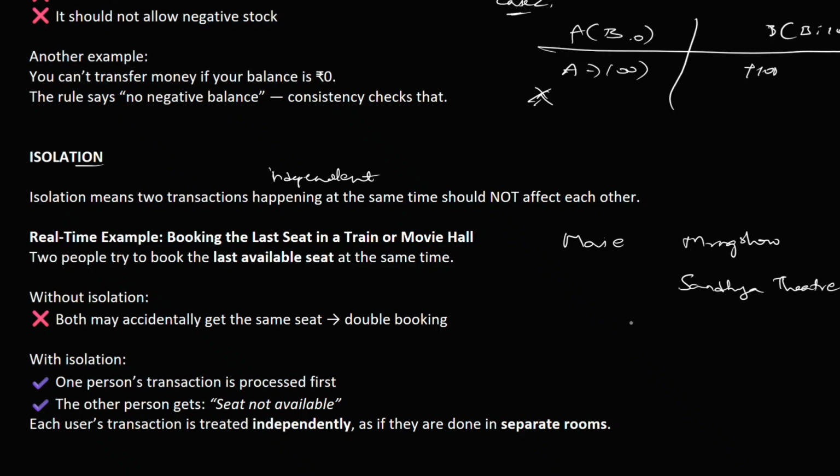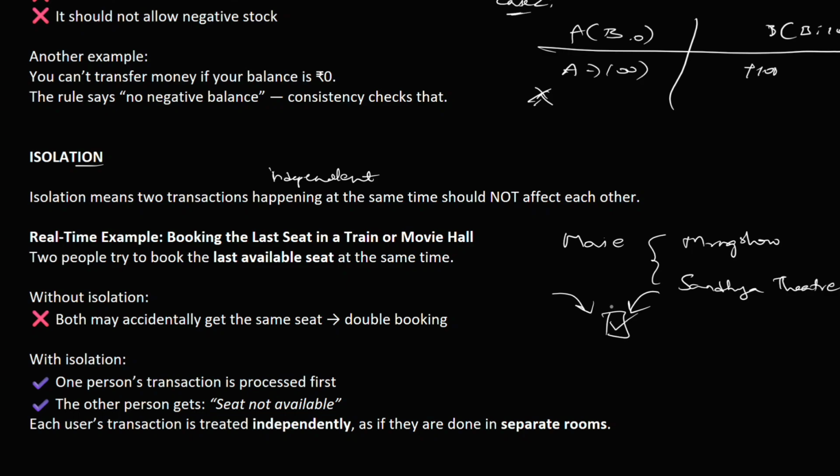While you are searching, there is only one ticket remaining for that show, and you try to book that ticket. At the same time, another person is also trying to book that ticket. Without isolation, for both of them this ticket will show as booked. But that is a problem, right? How can two persons book the same seat? It is not possible.